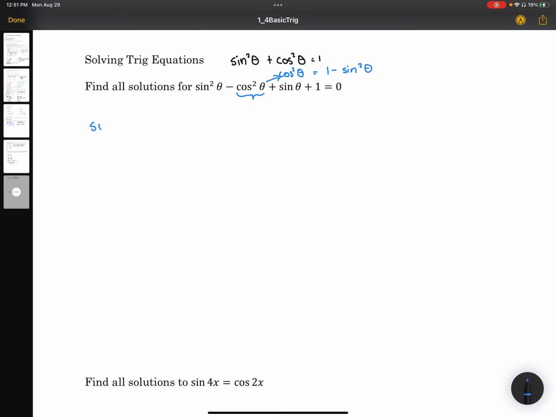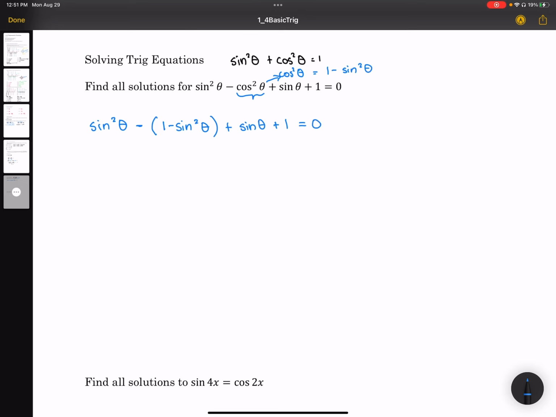So we're going to replace cosine squared here with that identity. So we get sine squared theta minus, in parentheses, 1 minus sine squared theta, plus sine theta plus 1 equals 0.